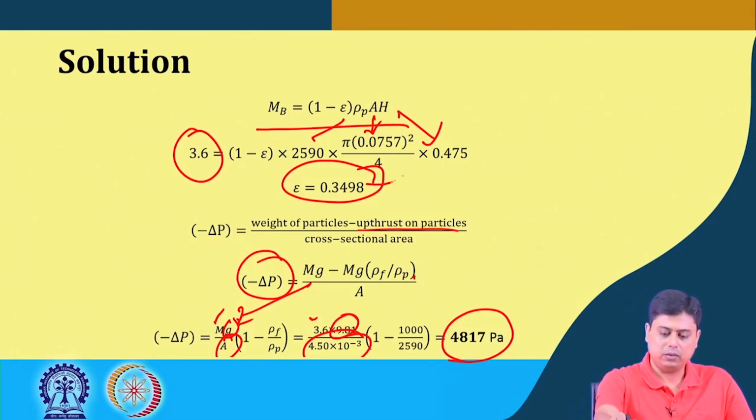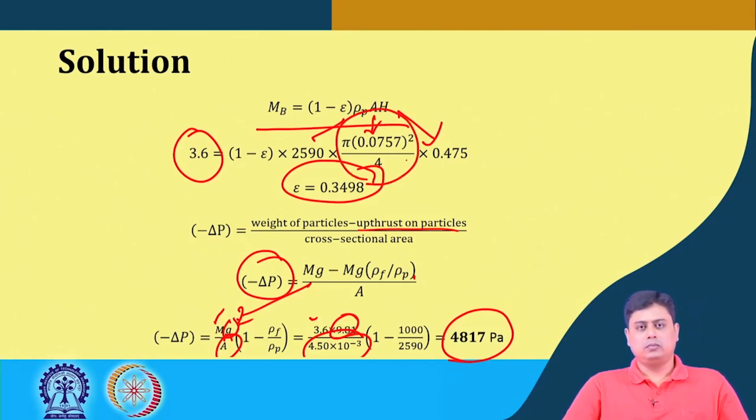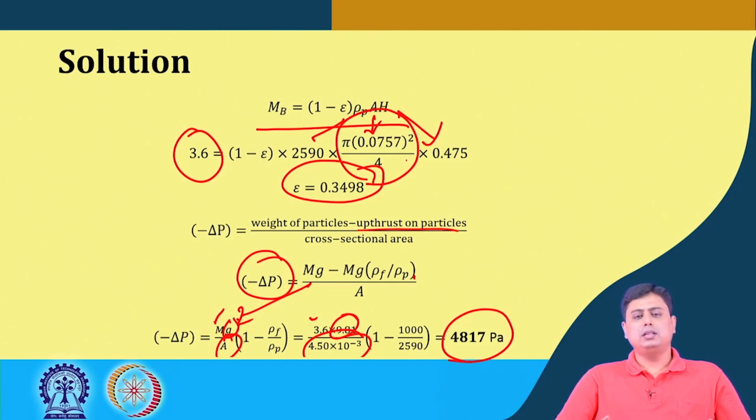The A comes from the cross sectional area, because the diameter of the vessel is known. So, that means this is the pressure drop at the incipient fluidization, because this pressure drop will actually balance the apparent weight of the particle: the actual weight of the particle minus the upthrust that is acting on those particles by the fluidizing media.